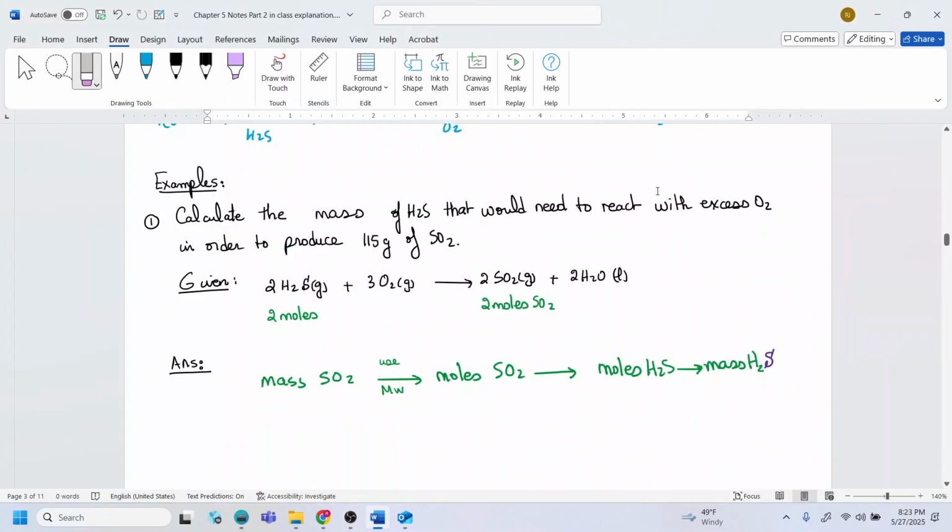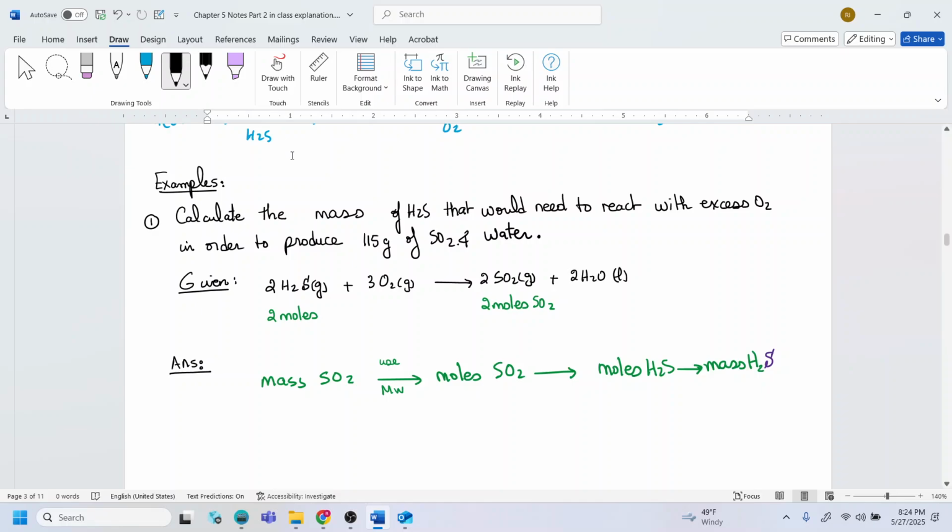Let's have an example. Calculate the mass of hydrogen sulfide that would need to react with excess oxygen to produce 115 grams of sulfur dioxide and water. So it's telling me that I have a reaction where I'm reacting H2S with oxygen in order to produce sulfur dioxide and water. Let's add this water in there. So this is going to be my equation.